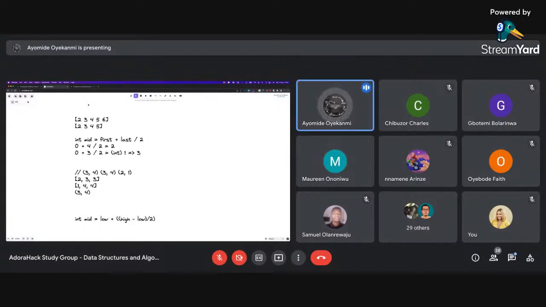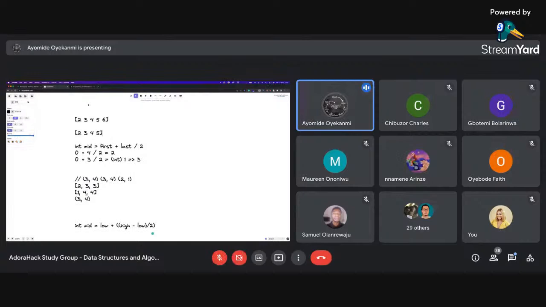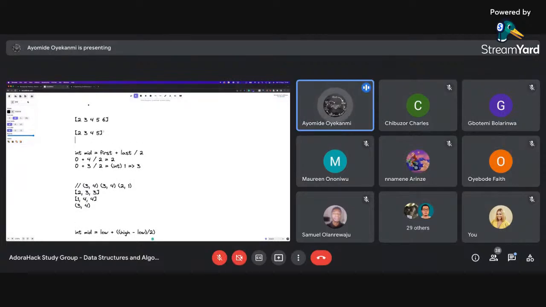Yeah, so in this case, I'm not thinking about the midpoint in terms of the values themselves. Let's work with what you're saying. Let's say we have 2, 3, 4, 5. Because we have 4 values, you're saying we should take the 2 middle values, 3 and 4, add them and divide by 2.